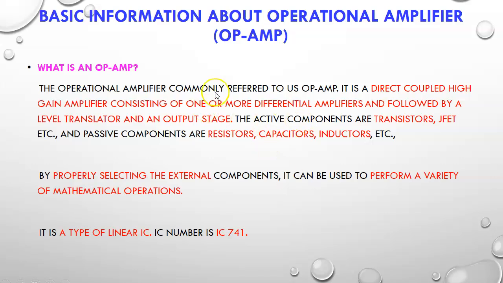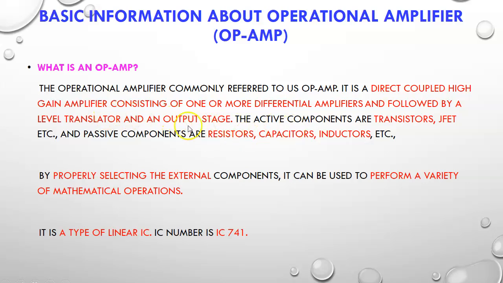Now we are going to the linear integrated circuit. In linear integrated circuits, the opamp is the main familiar example of an analog linear integrated IC chip. Let us see what an opamp is. It is a direct coupled high gain amplifier consisting of one or more differential amplifiers followed by a level translator and an output stage.